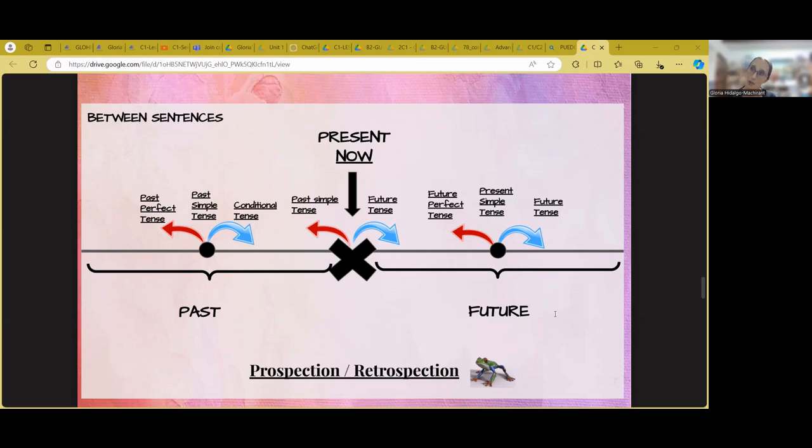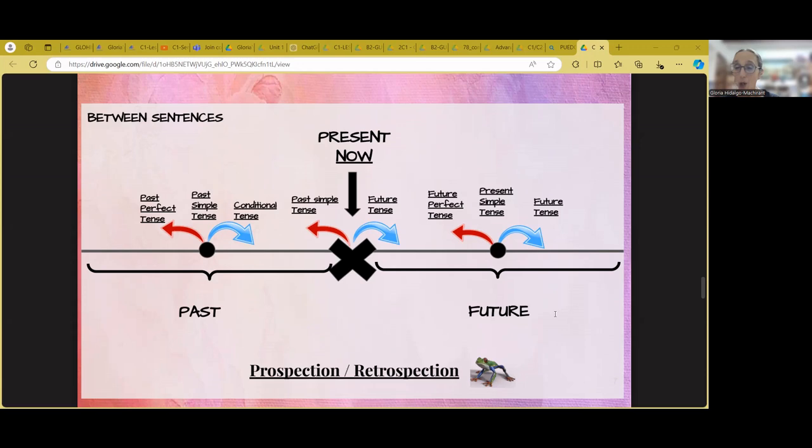Oh, I wish I were beautiful. So I wish is the hypothesis, and when I remain at the same point, I use a past simple. I wish I had accepted the job. This means that in the past I didn't accept it, and now I am making a hypothesis as to what would have happened if I had accepted it.